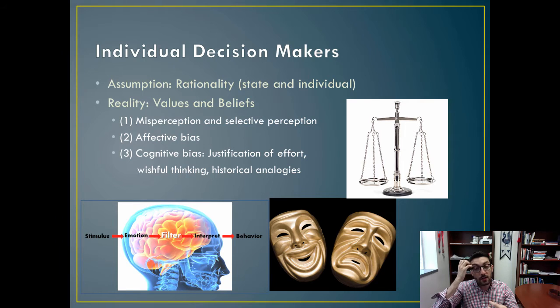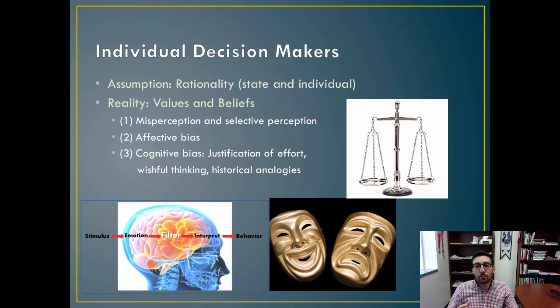The example that the textbook gives of this is the idea that we cannot appease the Vietnamese communists because we'll be in a situation not unlike we were in 1938 in Munich when we engaged in the appeasement approach toward Adolf Hitler. But the problem was, of course, that Adolf Hitler in 1938 and the Vietnamese communists in the 1960s were completely different cultures, completely different circumstances, and the Vietnamese context had to do more with a civil war than it did with one fascist dictator who was trying to engage in ethnic cleansing.